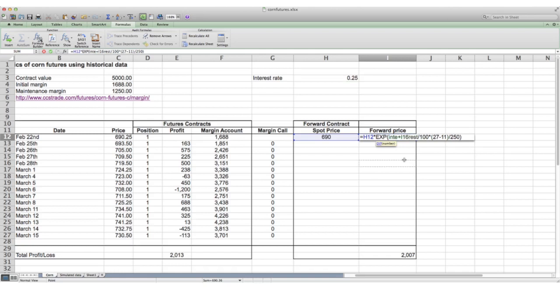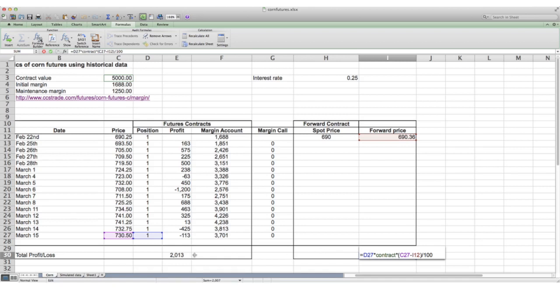So the forward price turns out to be $690.36. The spot price on termination turns out to be $730. The difference is what you'll end up getting as the profit. So it's the number of contracts times the difference in the price divided by 100 times D27, which is the number of contracts that you had, and that turns out to be the profit that you're going to make.